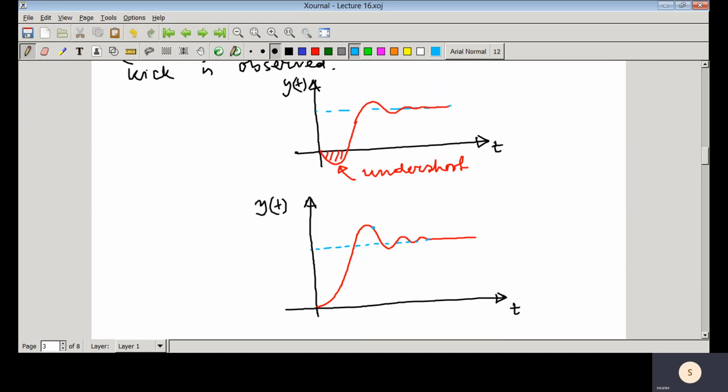Then if you introduce a 0, I am just showing the qualitative response. Suppose that 0 is introduced at -5.